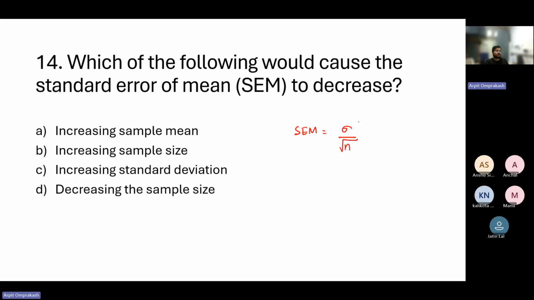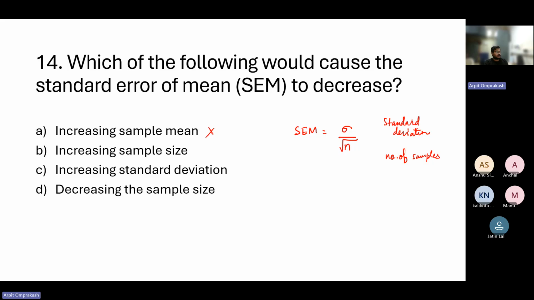So here we have two terms. One is the standard deviation of the data, and the other is the number of samples. Right. So the sample mean cannot affect it. Sample size and the standard deviation can affect it.